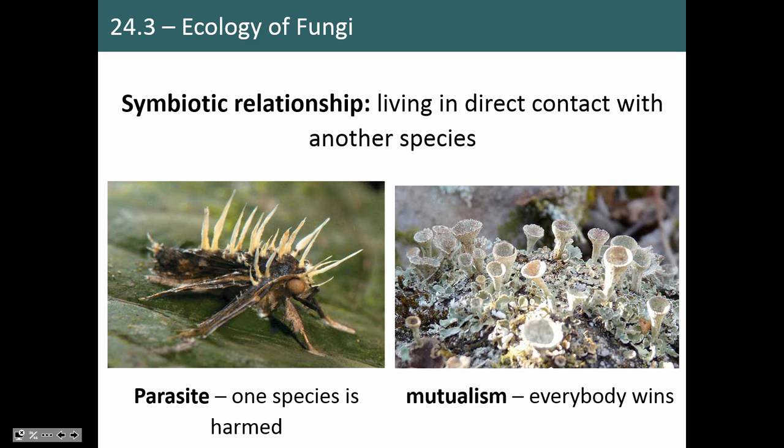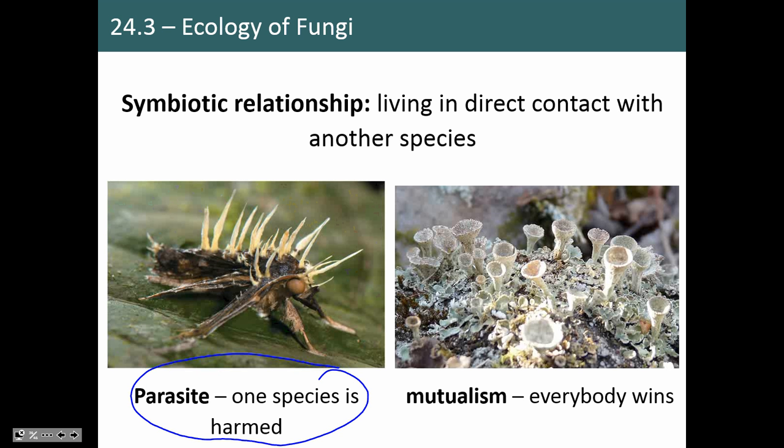But technically, this parasite in which this arthropod is infested with cordyceps fungus is also a symbiotic relationship because the fungus is living together in the arthropod's body. So that term, its root words are maybe different than how we use it colloquially.